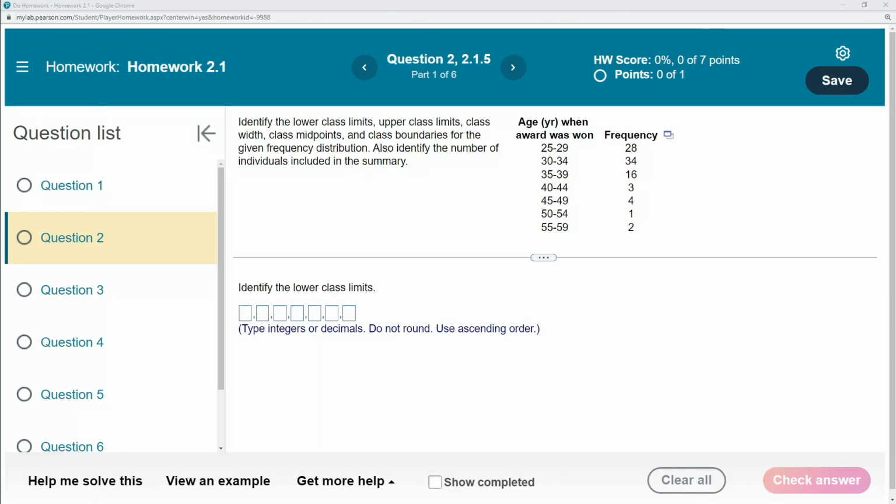Okay, so here we can see it before I put my overlay over it. This is question number 2 on your homework from 2.1. It says identify the lower class limits, upper class limits, the class width, the class midpoints, and class boundaries for the given frequency distribution. Also identify the number of individuals included in the summary.